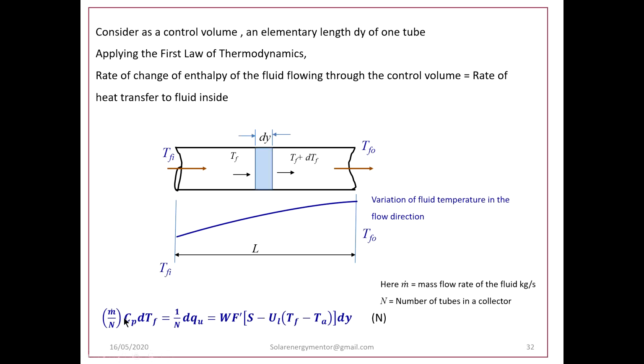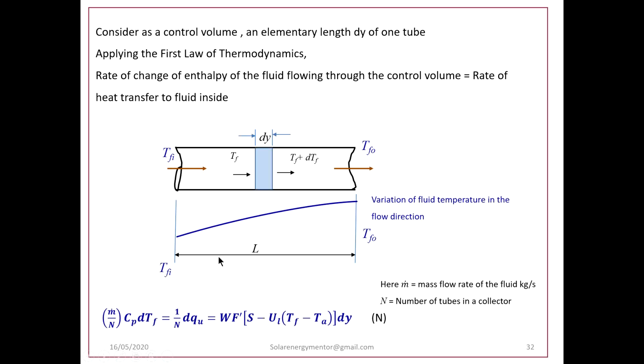So this is simply m cp dT. cp is the specific heat of the fluid flowing through, and dTf is the change in the temperature of the fluid over the slice, from Tf to Tf plus dTf. This is the rate of change of enthalpy of the fluid flowing through the control volume.